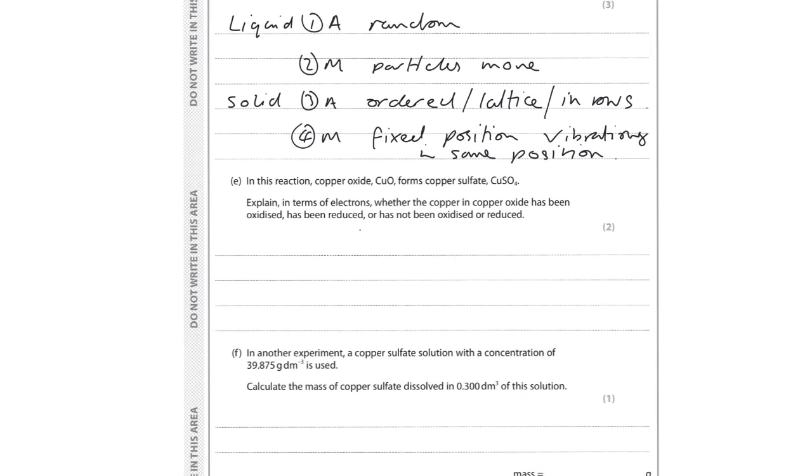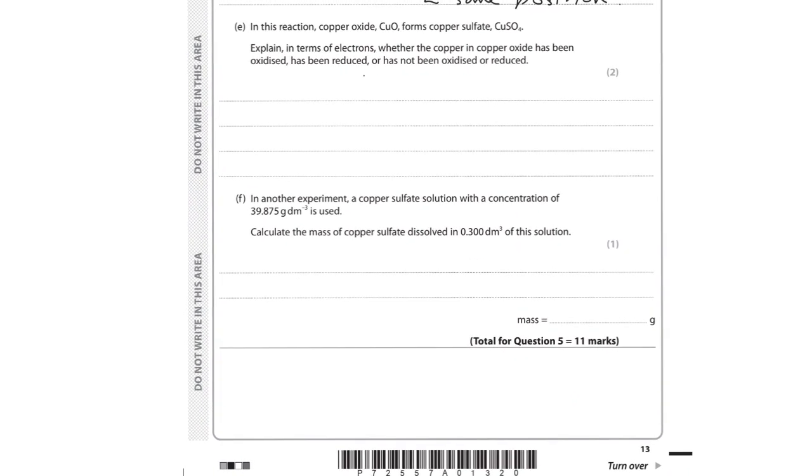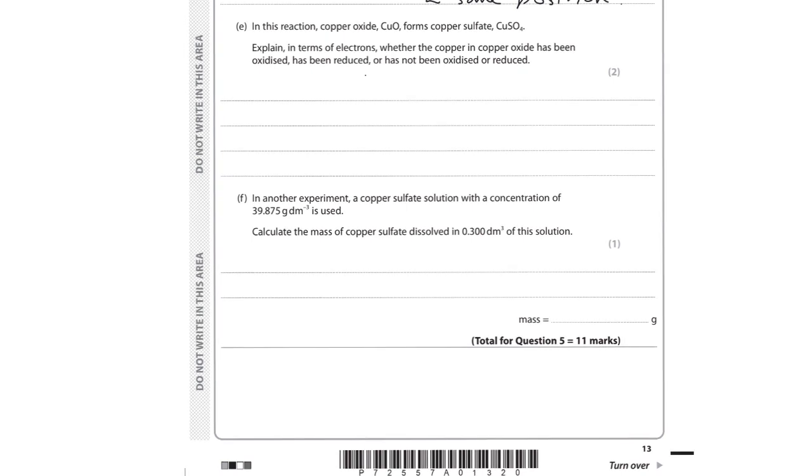Part E says, in the reaction, copper oxide forms copper sulfate. Explain in terms of electrons whether the copper in copper oxide has been oxidized, or it's been reduced, or has not been oxidized or reduced. Well, in copper oxide, I've got Cu2+ ions and O2- ions, and then it turns into copper sulfate, which is also Cu2+ ions.